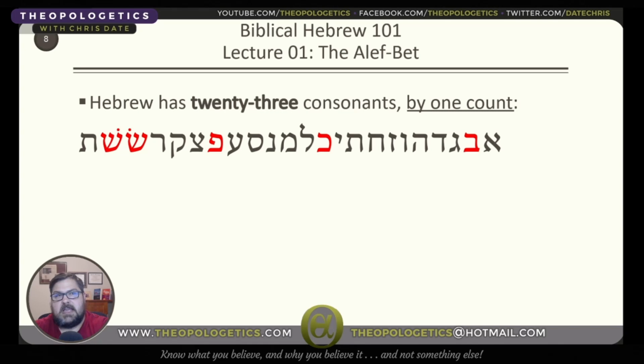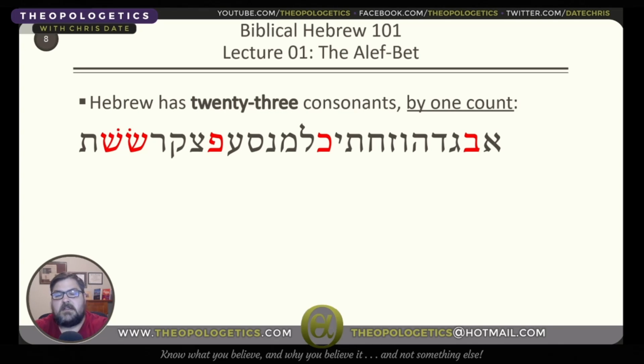Hebrew, by one count, namely the count reflected in the grammar upon which this lecture series is based, the Hebrew Alef-Bet consists of 23 consonants. Now, I say one count because there are other ways of counting the number of letters in the Alef-Bet, and the other ways are based on a different handling of the characters that I've got highlighted in red on the screen right now.